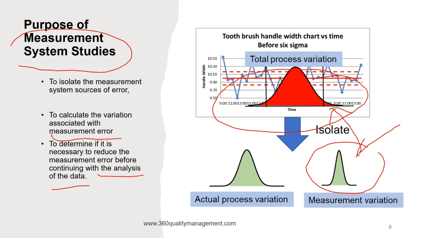That means the measurement variation should be as small as possible so that we can see the actual variation clearly. Just imagine that if you have a lot of measurement error in your variations, it means that you are seeing errors in the measurement variations rather than the actual process variations.